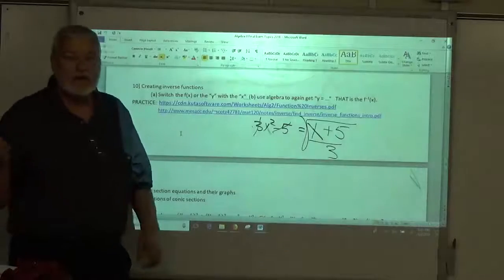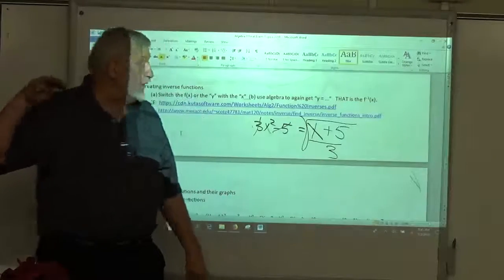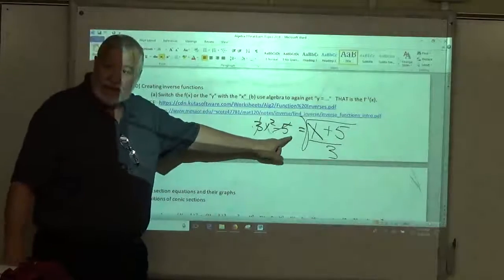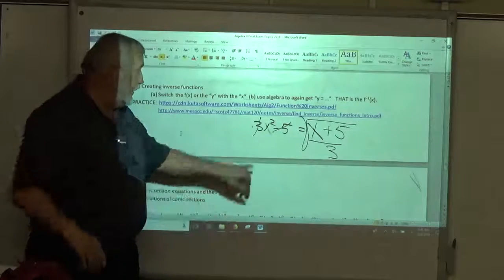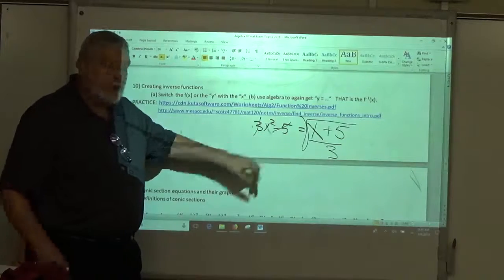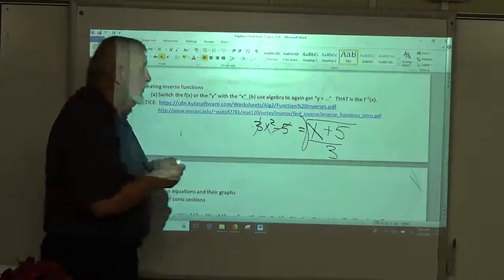I was working with an Algebra II student that I tutor on the side, and this was the problem he had to find on ABCD. He was given this, and the question was, what was the inverse?